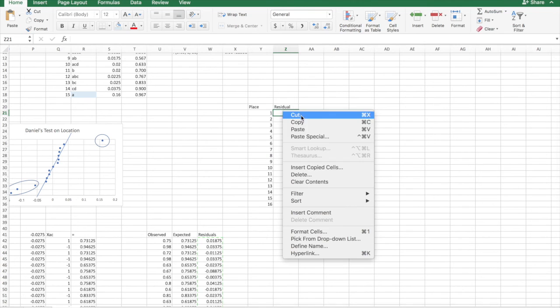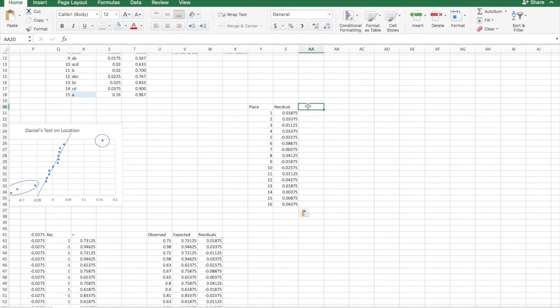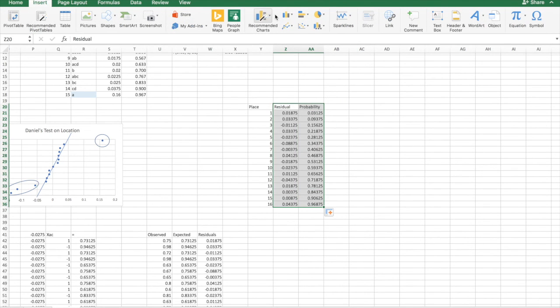Here we copy paste special values, then the probability, which is equals to the place minus 0.5 divided by 16. And then we plot the residual against the probability.